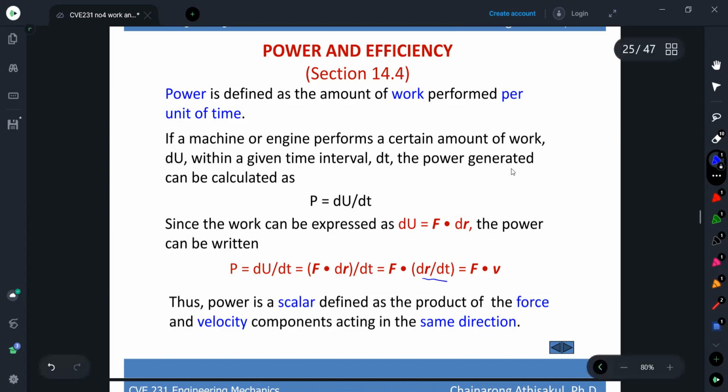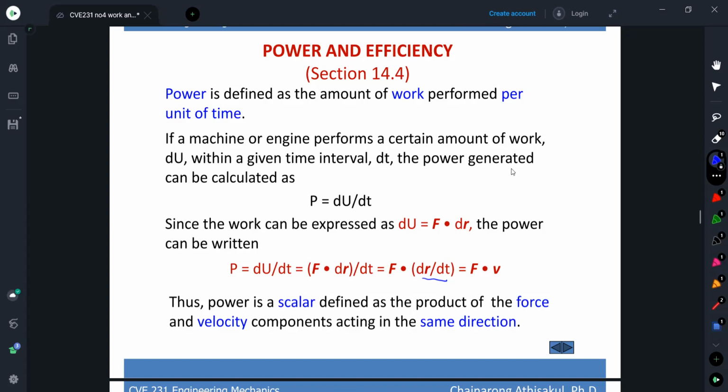The first derivative of the position vector is defined as velocity. So the power is equal to the dot product of the force vector and the velocity vector.